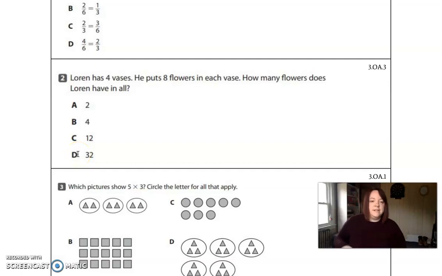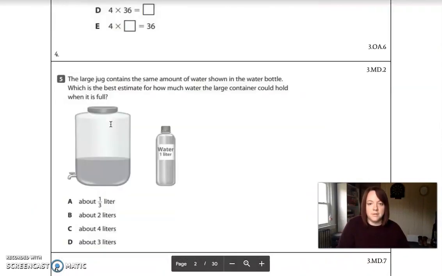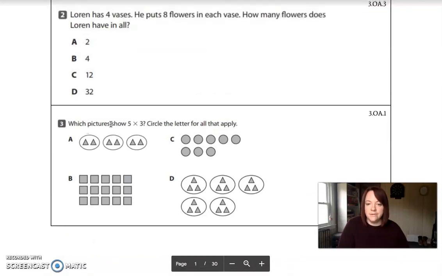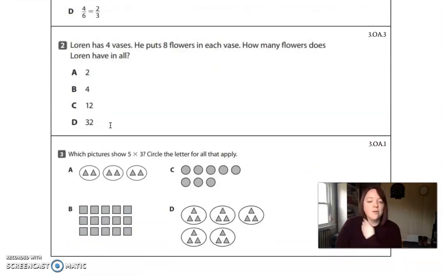All right. Last but not least, number 3. Which picture shows 5 times 3?